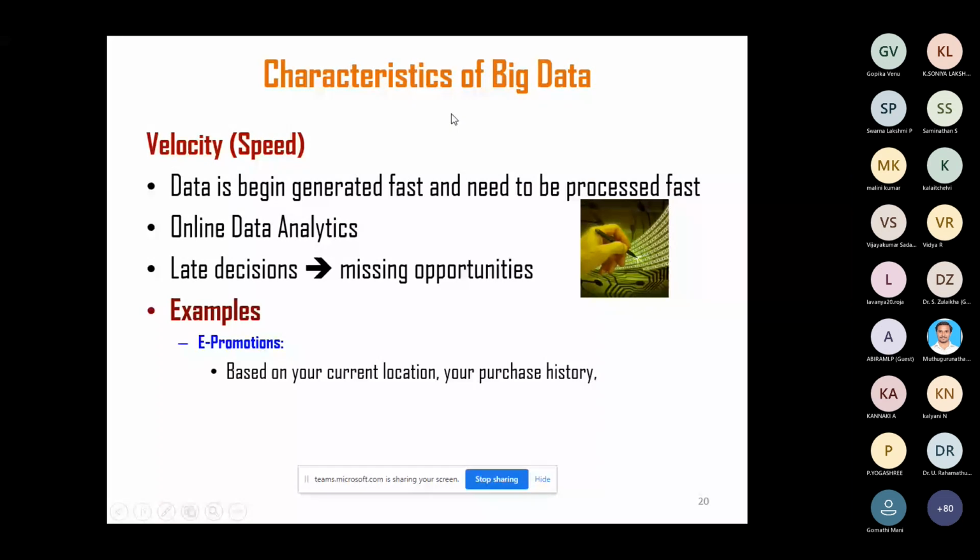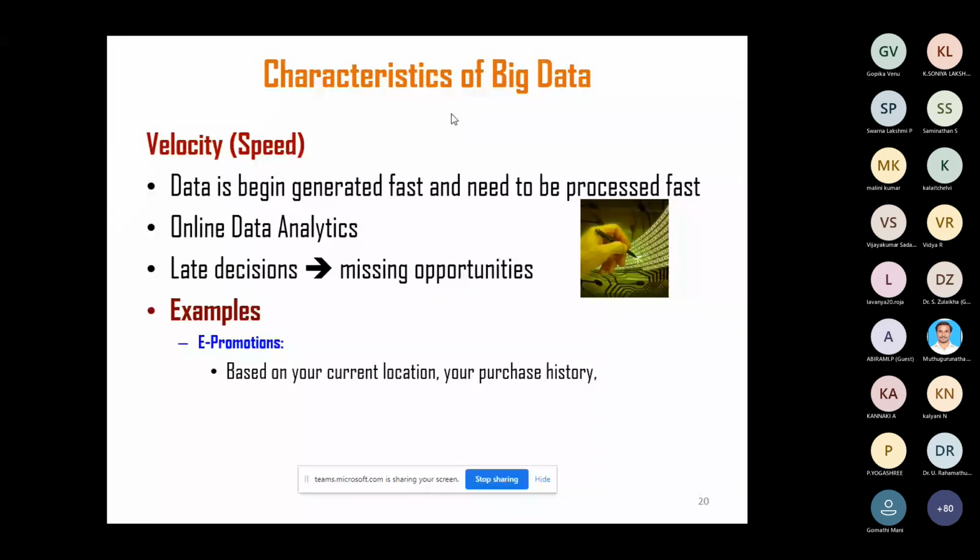As I said, data is generated from different sources at a very fast rate, and your resource should be capable of getting such data from various sources, and also be capable of handling it on demand, which means on the fly your data should be collected and handled, and you have to extract valuable insights from that for taking decisions.